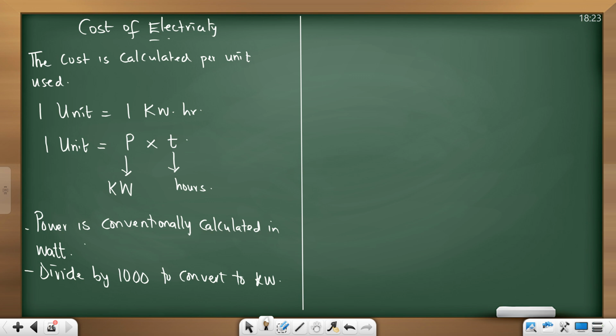And definitely time is in hours. You must know how to convert time to hours. So the cost now will be unit price, you'll be given that, multiplied by number of units used.